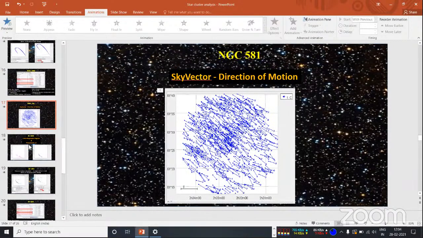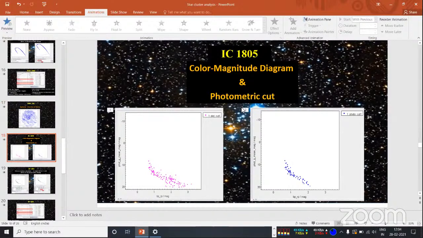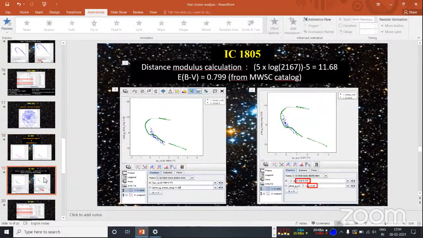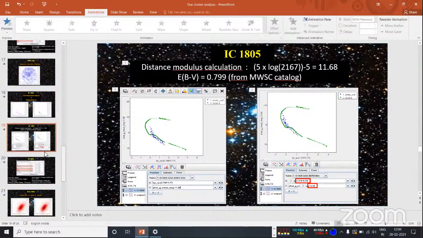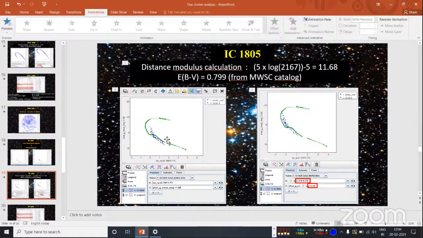So now let's start with IC 1805. When I tried to fit it with the isochrone file for that, which is log age 6.8, I fitted it.